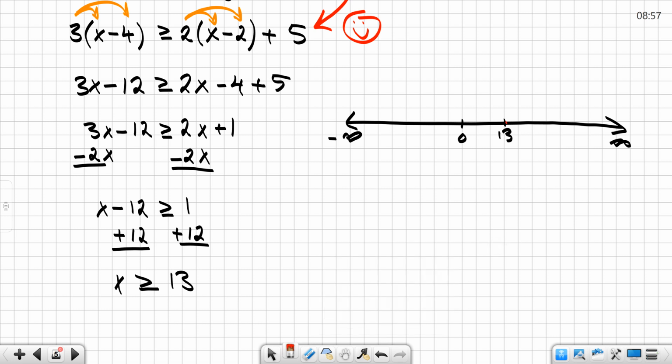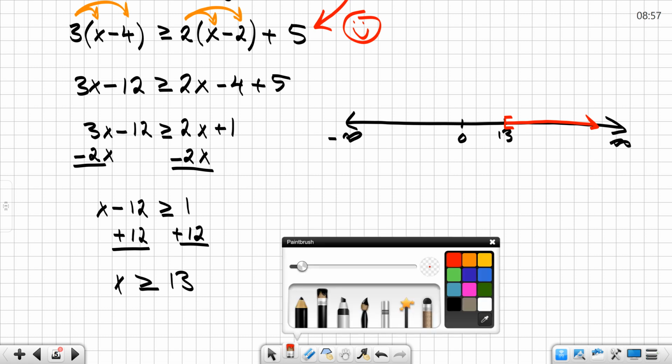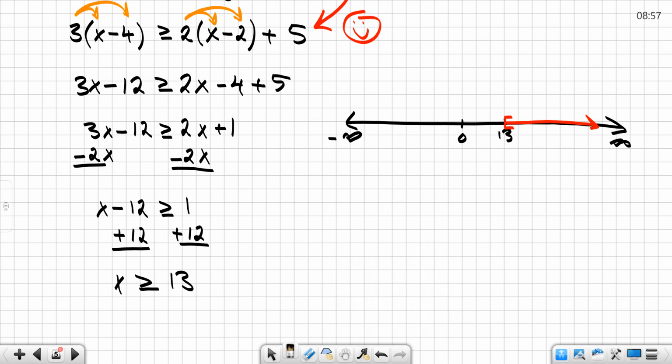Greater than means to the right of 13. Greater or equal to means I have a bracket. And I can now write down my solution. The solution is the interval from 13 to positive infinity.